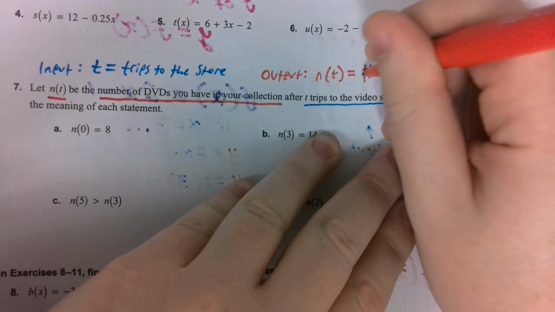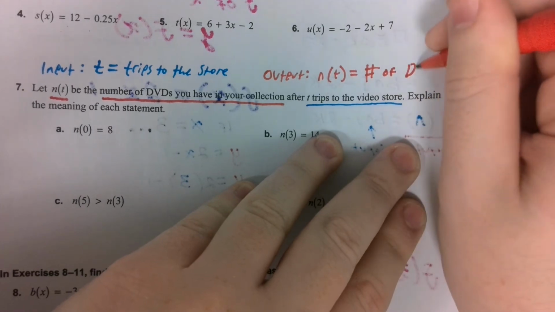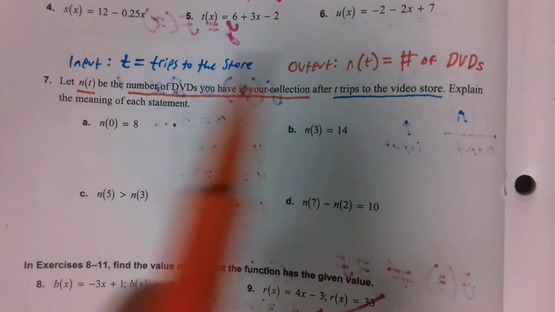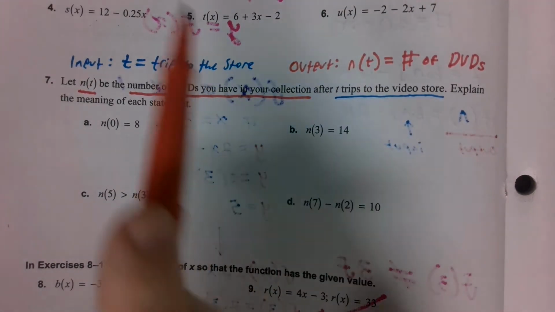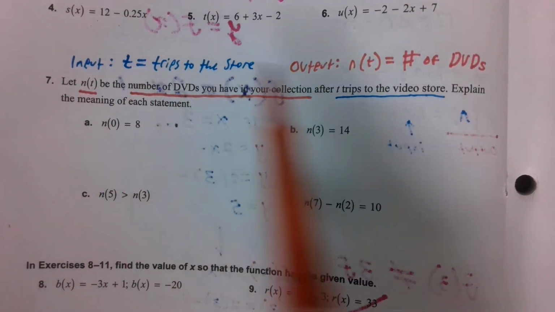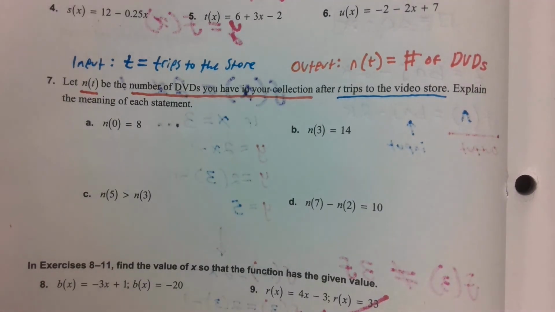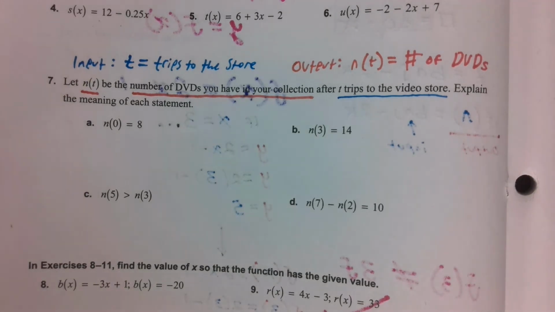So, number of DVDs. What this is saying is this is a function where trips to the store impacts our number of DVDs. You could say that every time you go to the store, we possibly buy some DVDs, or sell some DVDs, or return some DVDs. Let's take a look at each statement.